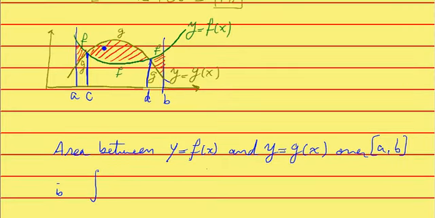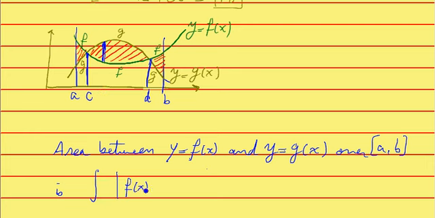let's see. What is the difficulty? The difficulty is that you want the height to be a positive quantity. If I use f minus g in this region, what I really need is g minus f. So how can I cure that? Very simple. Just put it in absolute value.